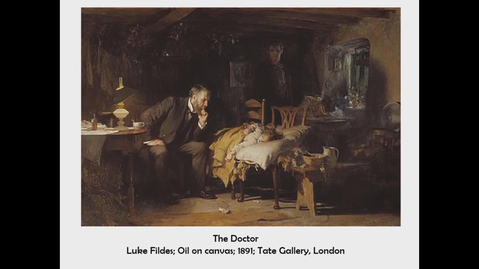And around about the same time, another very famous doctor was creating one of the most well-known figures in fictional history. You'll all recognize this famous silhouette of Sherlock Holmes. Sherlock Holmes was, of course, a creation of Sir Arthur Conan Doyle, who was a physician who trained in Edinburgh.